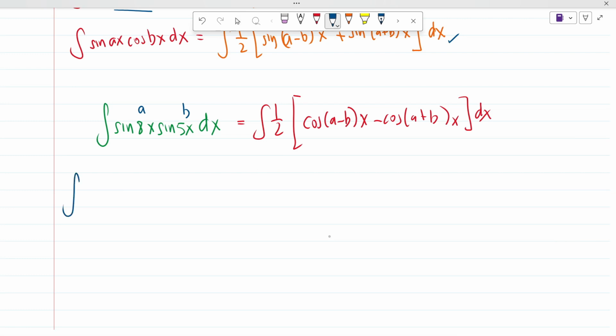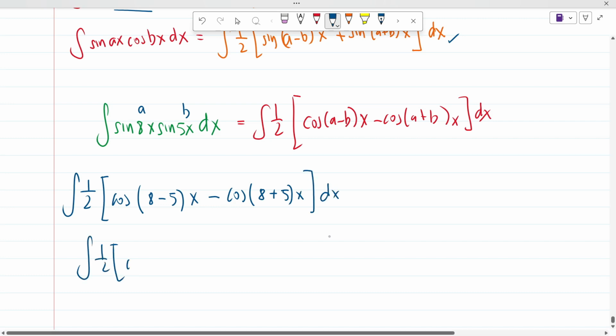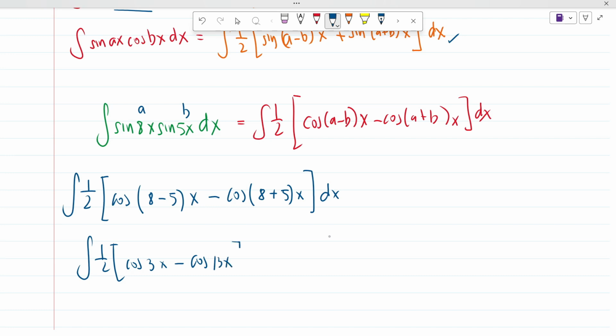The integral of 1 half cosine of, what is our letter A? 8 minus B, which is 5, then x, minus cosine of A plus B, 8 plus 5, of x dx. So the integral of 1 half cosine of 8 minus 5 is 3x, minus cosine of 8 plus 5 is equal to 13x dx.